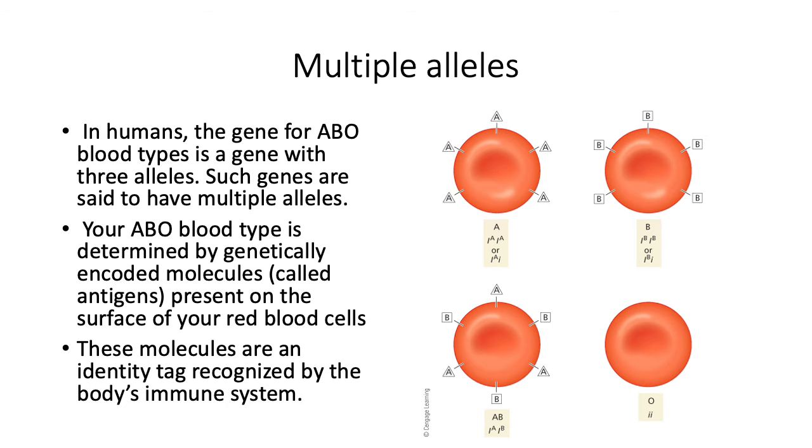Sometimes multiple alleles are expressed as well, and so you don't have just one variation or the other. There can be many different types of variations, and one example is in our blood type. Some people have blood type A, while others have blood type B. Those A and B are molecules that are like identity tags recognized by the immune system.